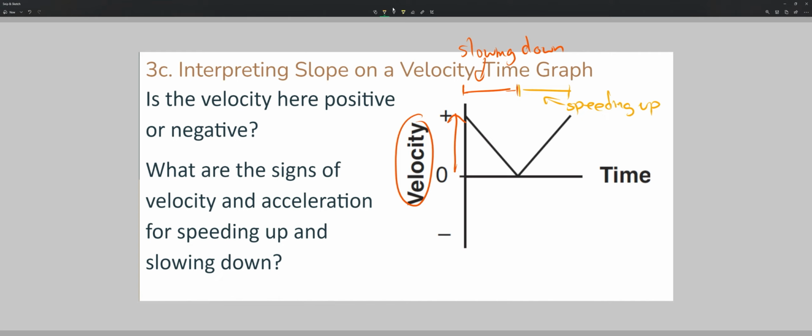Now, we know my velocity here is positive for both situations.